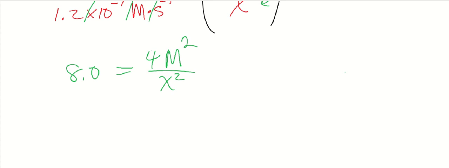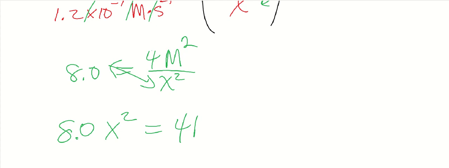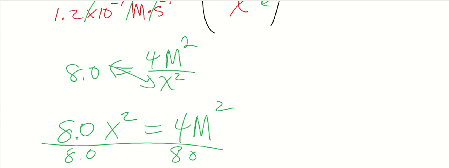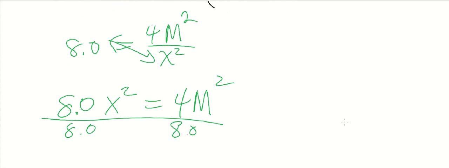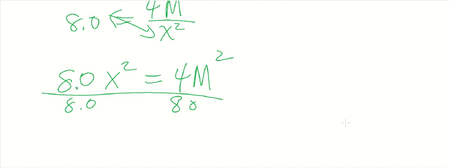So I cross multiply: 8.0 x squared is equal to 4 molar squared. Divide both sides by 8. X squared is going to equal 4 over 8, that's just 1/2.